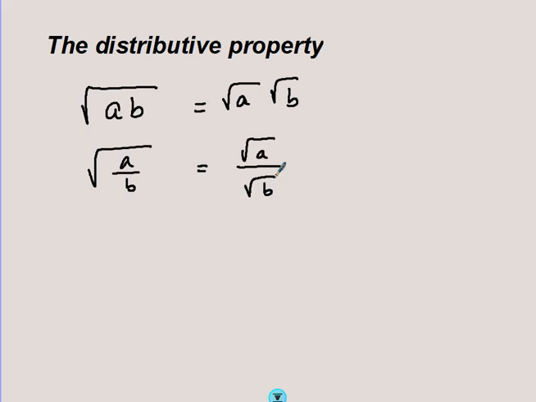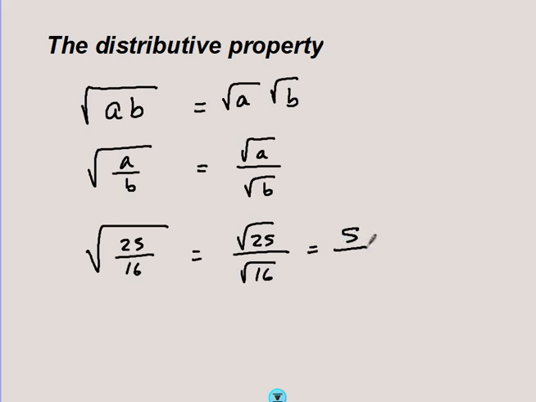And in the case of, let's say, the square root of 25 over 16, we know that this means that this is root 25 divided by root 16, which is 5 over 4. Now, I would really be happy if I don't see this, and you can do this in your heads.